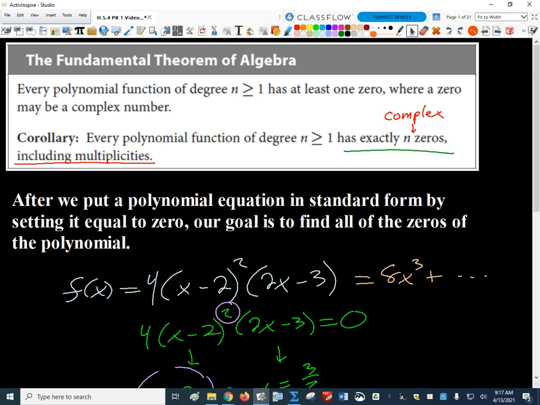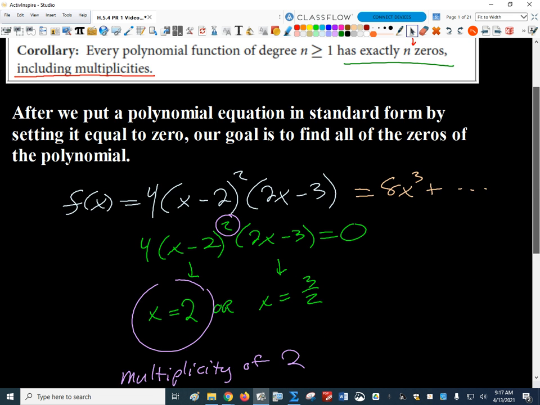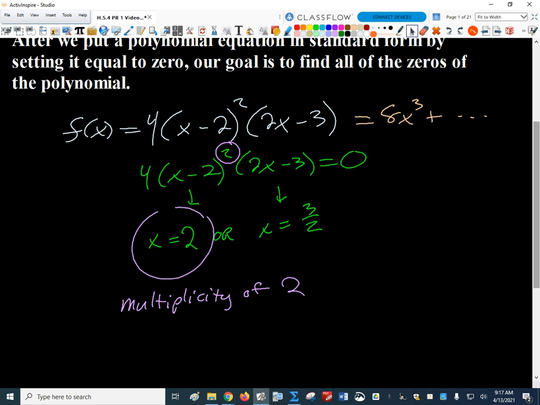For example, we looked at an example down here. This appears to only have 2 factors, even though if I were to multiply this out, it would be a cubic polynomial. But because the x minus 2 factor is being squared, it has a multiplicity of 2. It shows up twice, counts as 2 factors. Make sense? Okay.